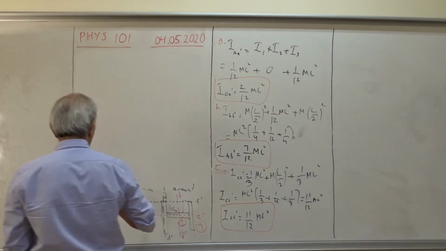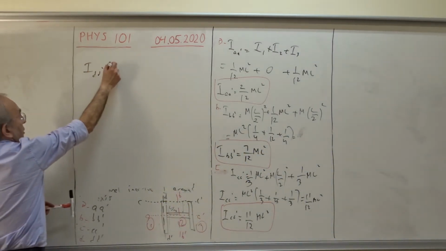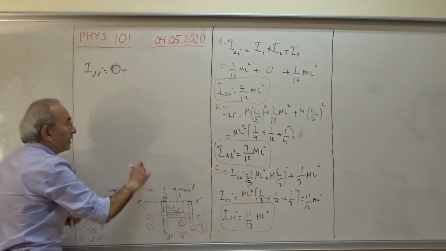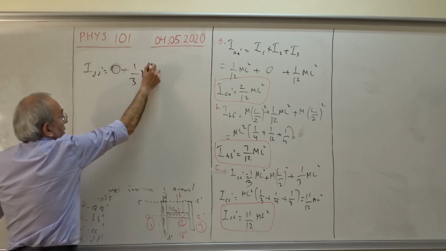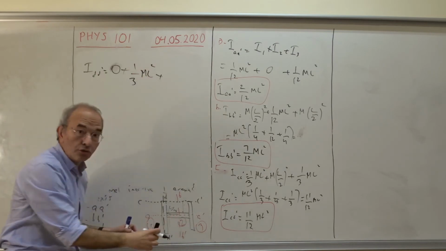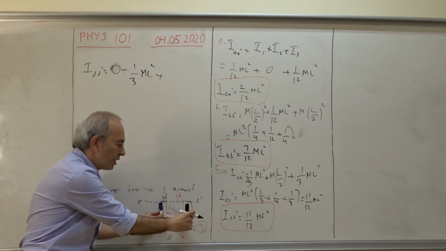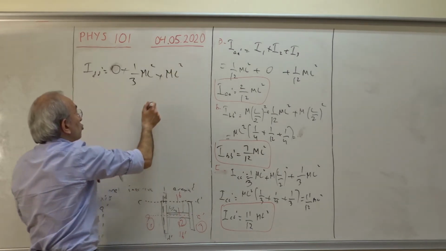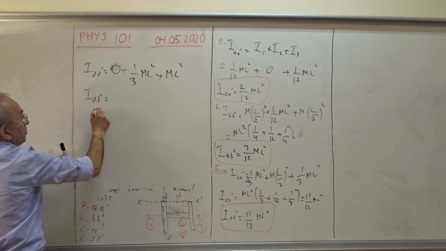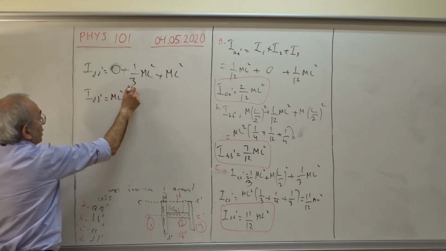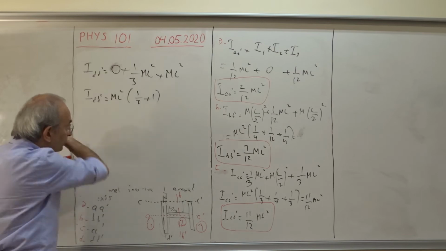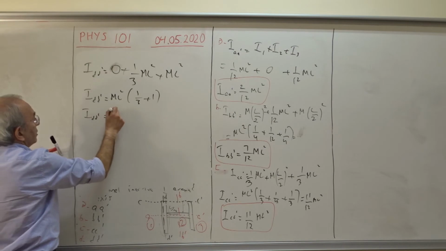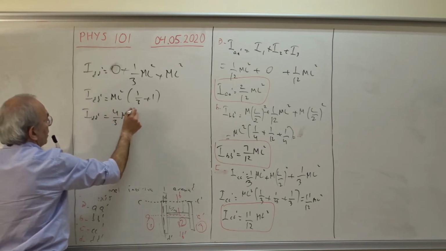So I DD prime is I1, which is nothing, plus the middle one, but turning around the end, 1/3 ml squared, and the last one is totally turning, total mass is turning around the radius L. So m times L squared. So I DD prime will be ml squared times 1/3 plus 1, 4 over 3. So that I DD prime is 4/3 m times L squared.